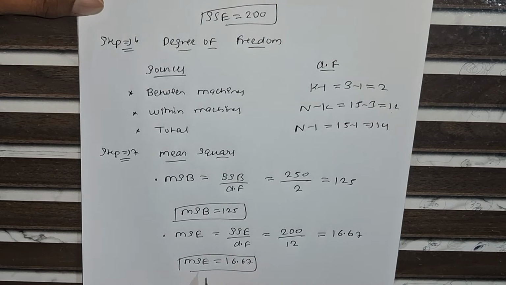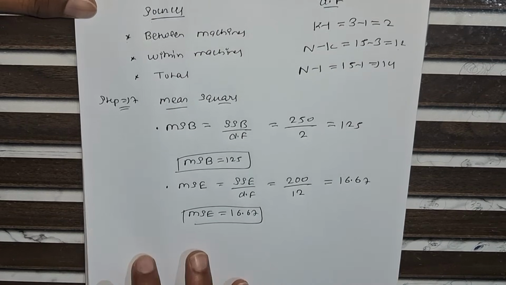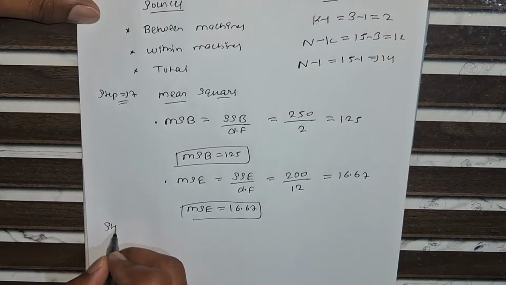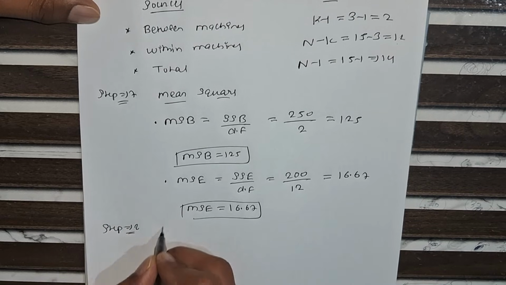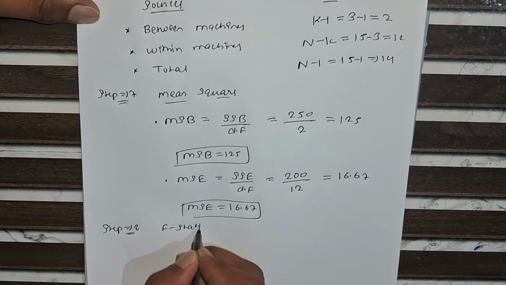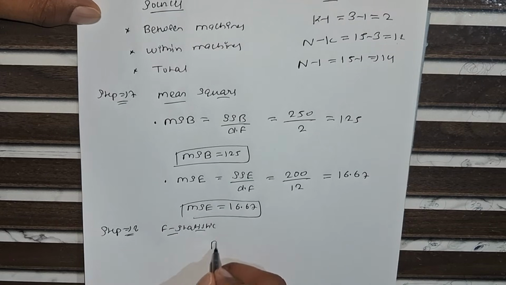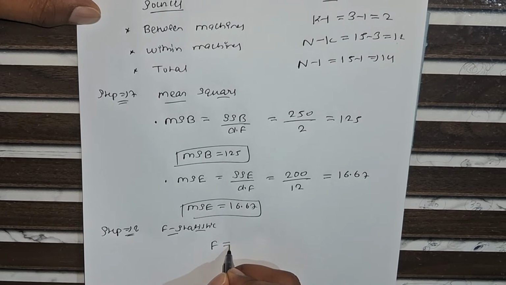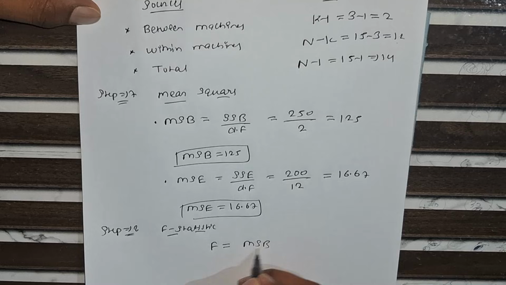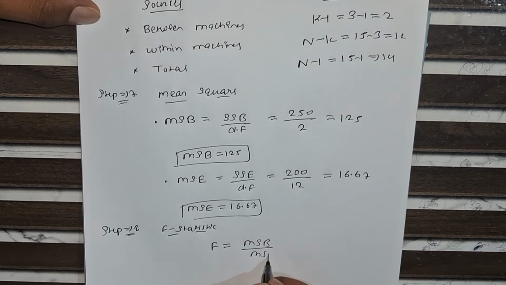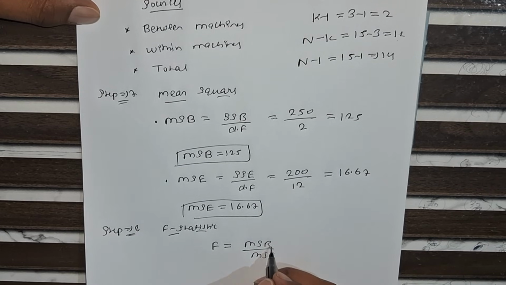So now move to our eighth step where we are finding F statistic. So in step 8 we are finding F statistic. So what is the formula to find the F statistic? It is MSB divided by MSE, mean square between the machine divided by mean square within the machine.